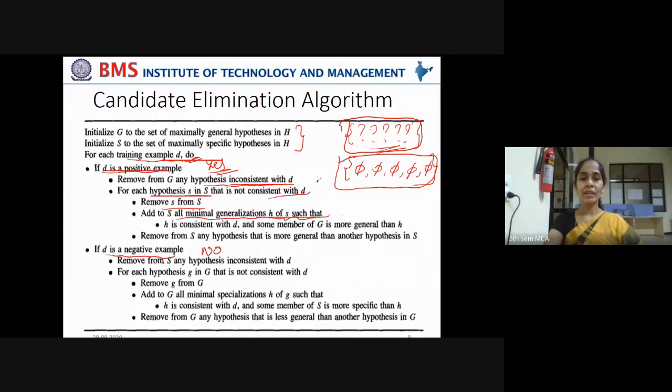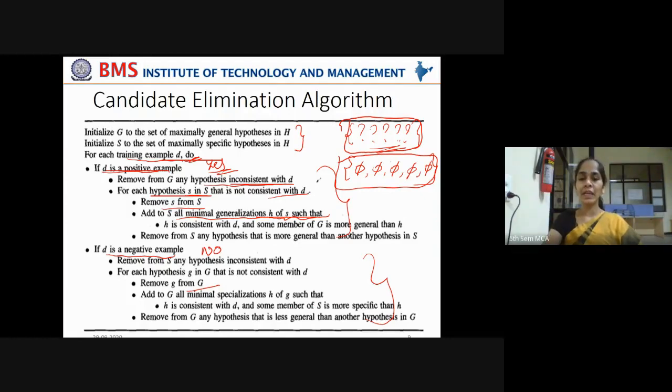Now, if D is a negative example, whatever steps we have done, the opposite will be done here. If D is a negative example, remove from S any hypothesis inconsistent with D. Just listen. Don't worry about understanding it. I'll show you the example. For each hypothesis g in G that is not consistent with D, remove it from the general boundary. Add to G all minimal specializations h of g such that h is consistent with D and some member of S is more specific than h.